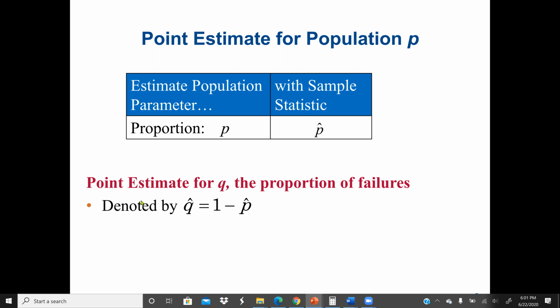We know in probability the total is 100%, or 1. So whatever we get for p hat, the proportion of success, we subtract it from 1, and then we get q hat, the proportion of failure. That's read as q hat.